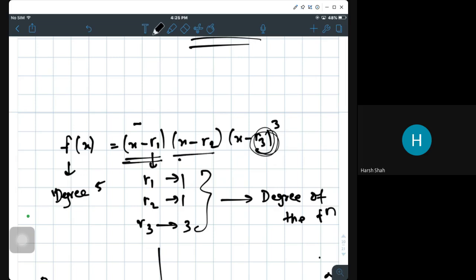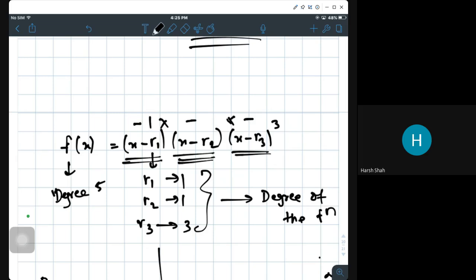If I put a minus infinity here, minus infinity minus any number will give me a minus sign only, right? And here if I put a minus infinity, I get minus to the power of 3, which is again a minus, correct? So that means this function in the end will give me 3 minuses. Now it is minus into minus into minus.